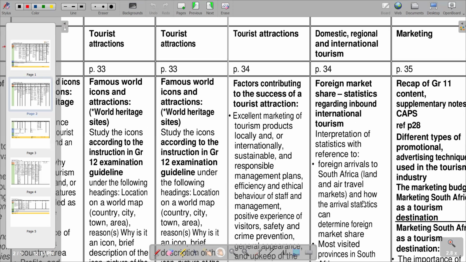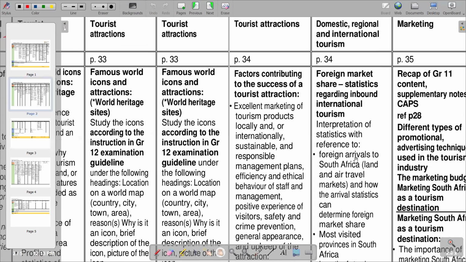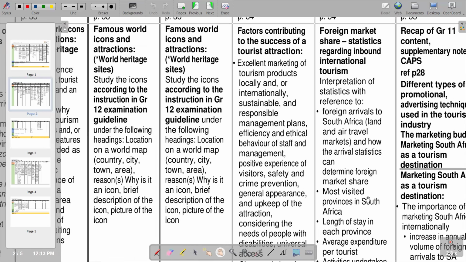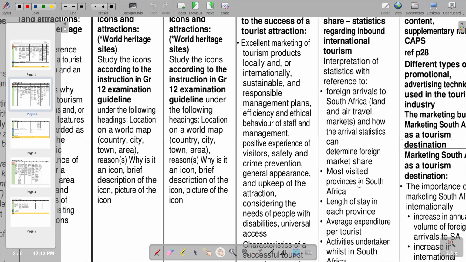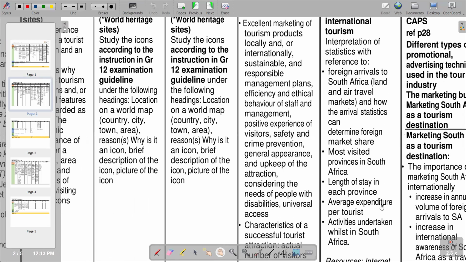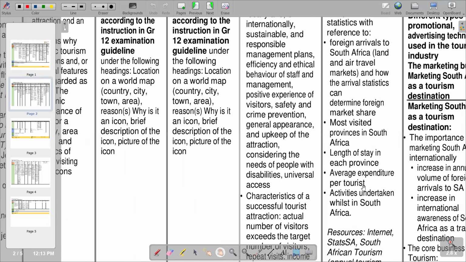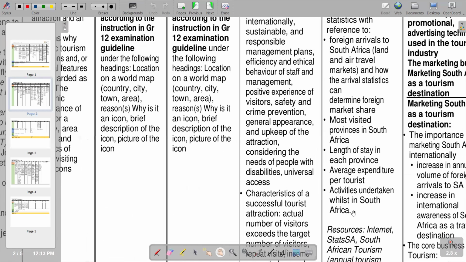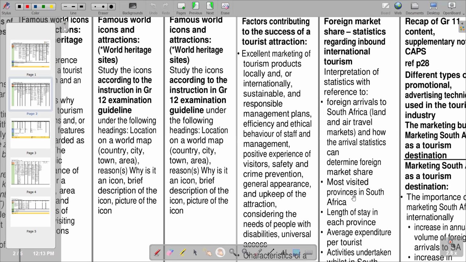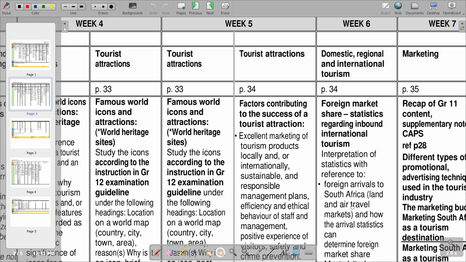And then also how the arrival statistics can determine foreign market share, most visited provinces in South Africa, length of stay in each province, average expenditure per tourist, and activities undertaken while in South Africa. So this is what we have in our week 6.